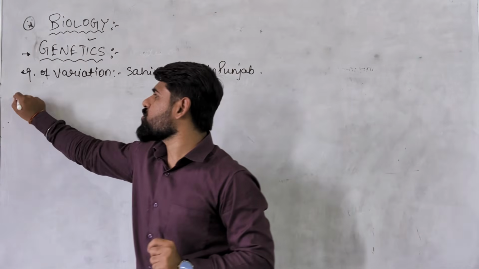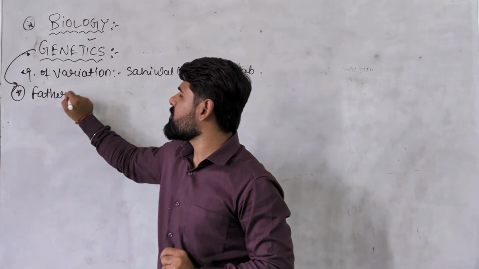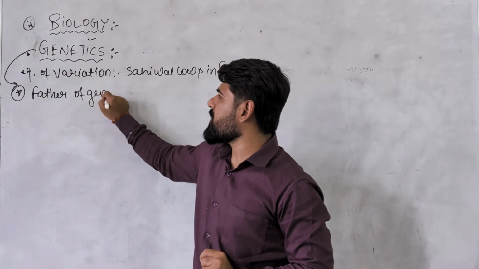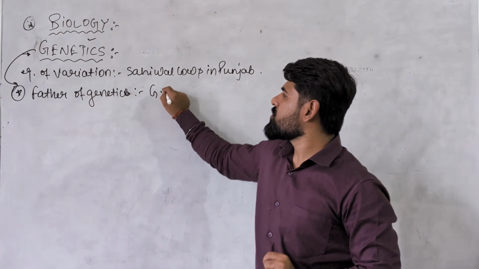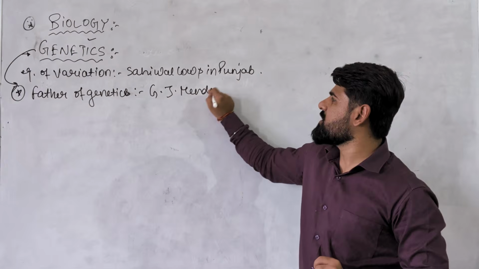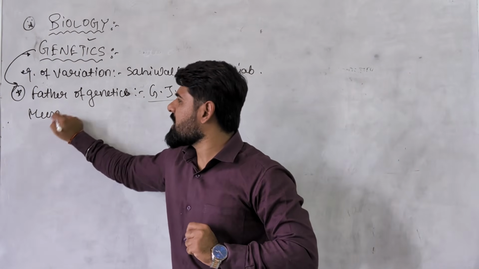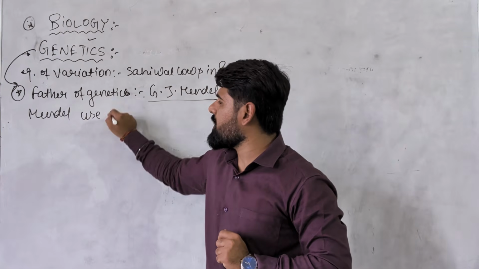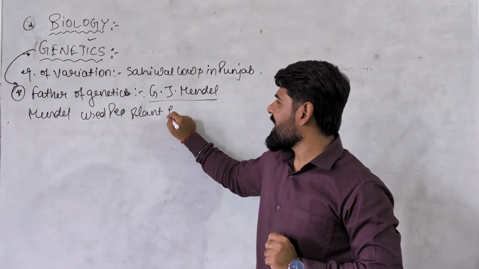The next portion: as we covered, who is the father of genetics? We already know, and the name is Gregor Johann Mendel, simply G.J. Mendel. What did Mendel do? Mendel used pea plant for his experiment.